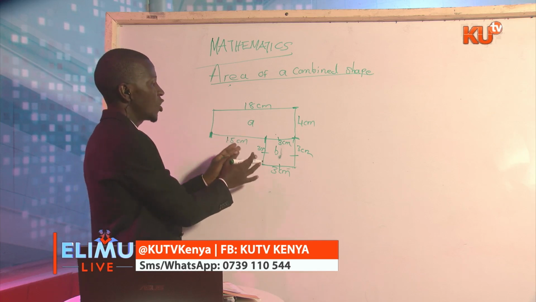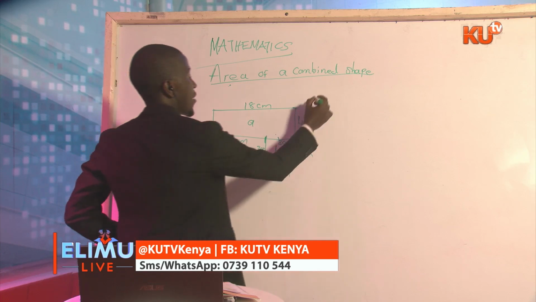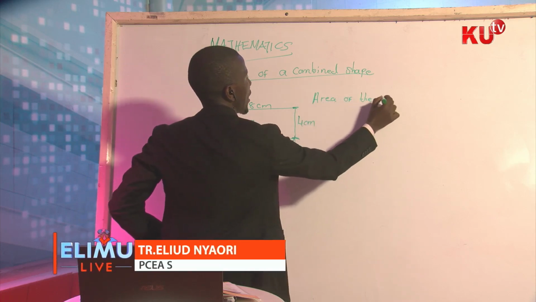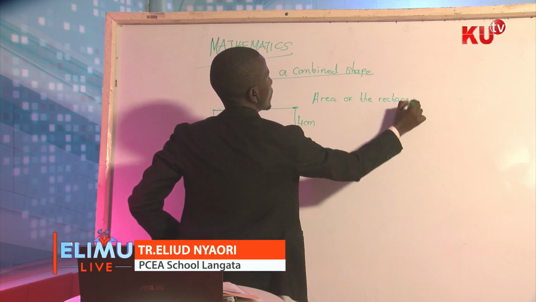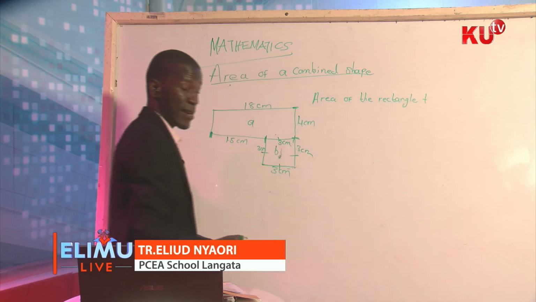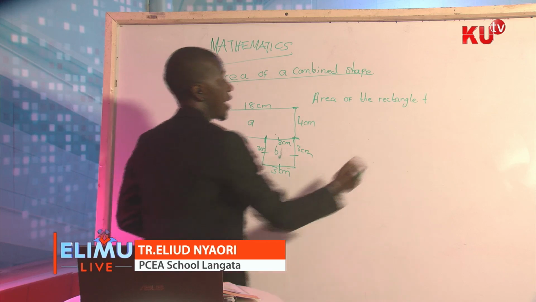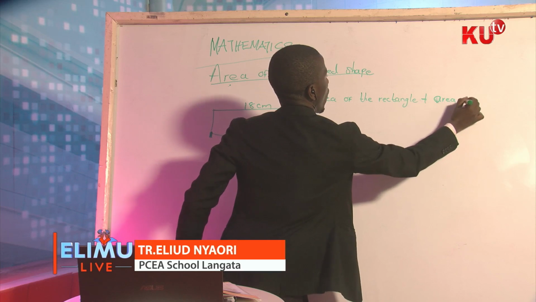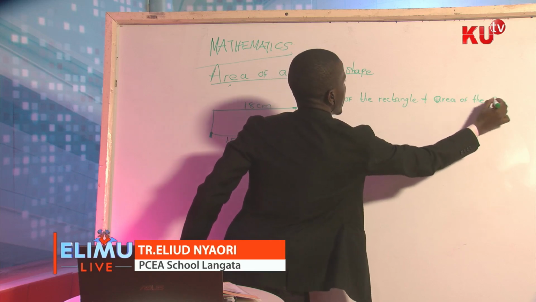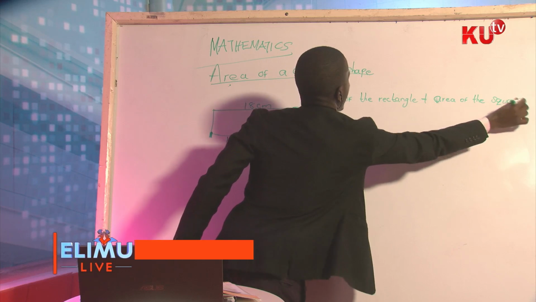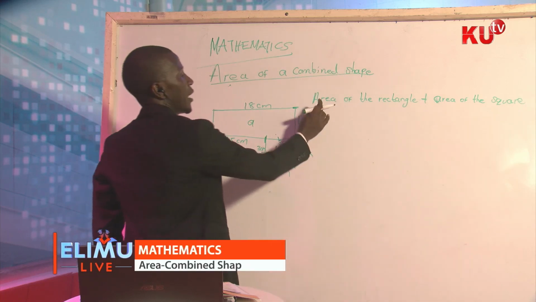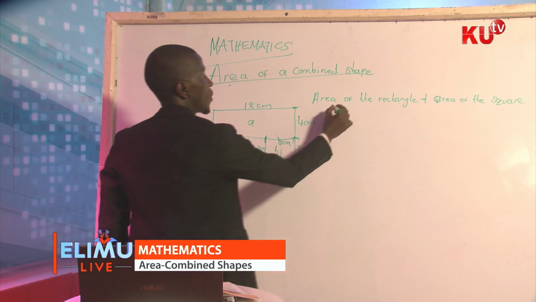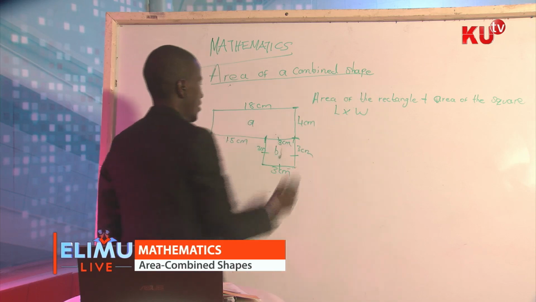The area of this combined shape is equal to area of the rectangle plus area of the square. So how do you find the area of the rectangle? Area of the rectangle is equal to length times width.